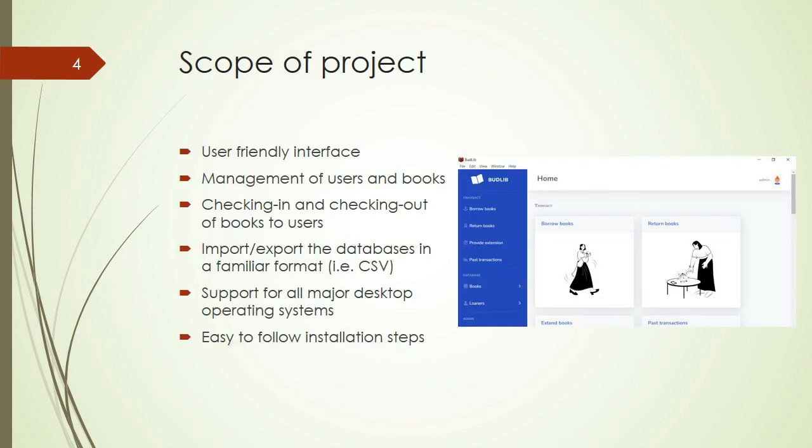Now let us look at an overview of the scope of the BudLib library management system. First of all, our aim is to provide a very user-friendly interface for librarians to administer the library. They should also be able to do normal librarian functions such as borrowing, checking in, and checking out books for users, as well as managing the database of the users and the books within the library itself.